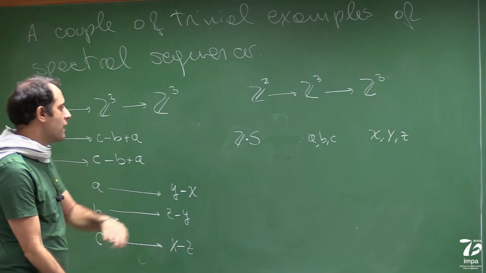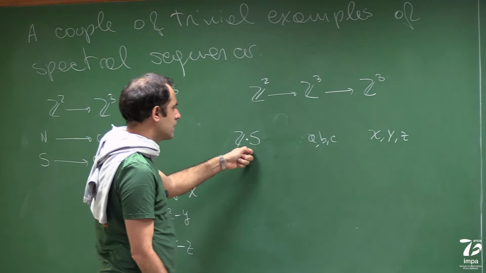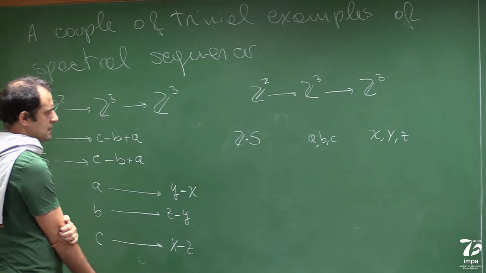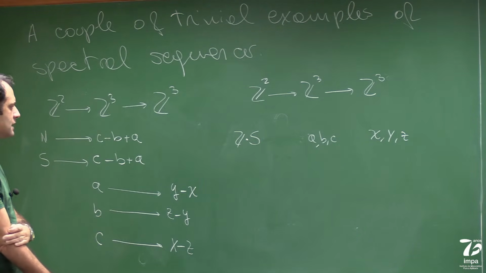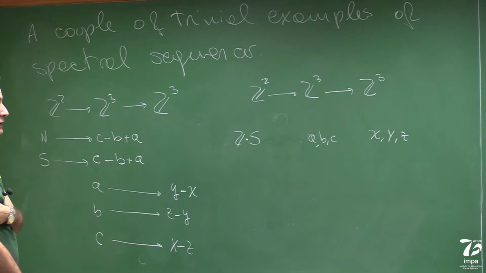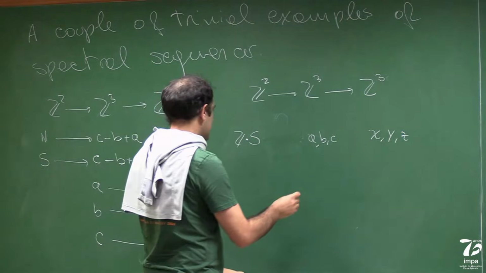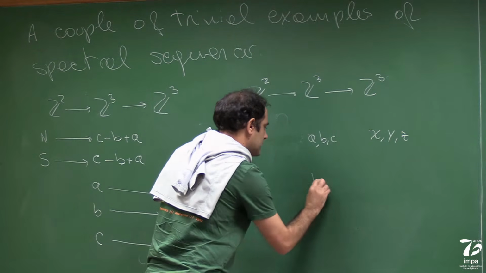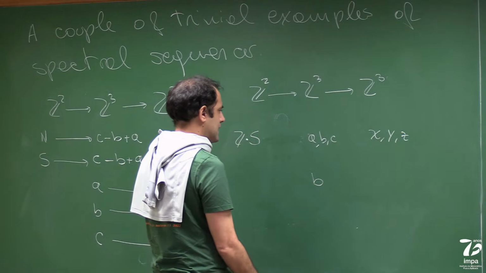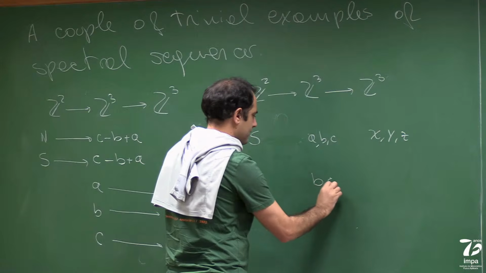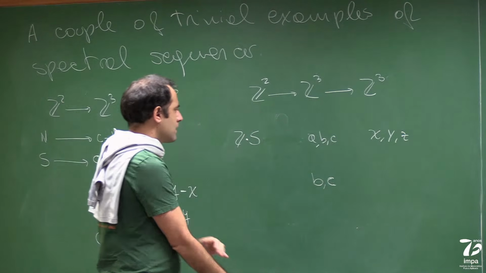Okay. So now I need a sub-complex of this guy. So this time I think I'll take, what I'll take? Probably I'm doing this the wrong way, but okay, let's fix this. So I'll take B and C out of here.